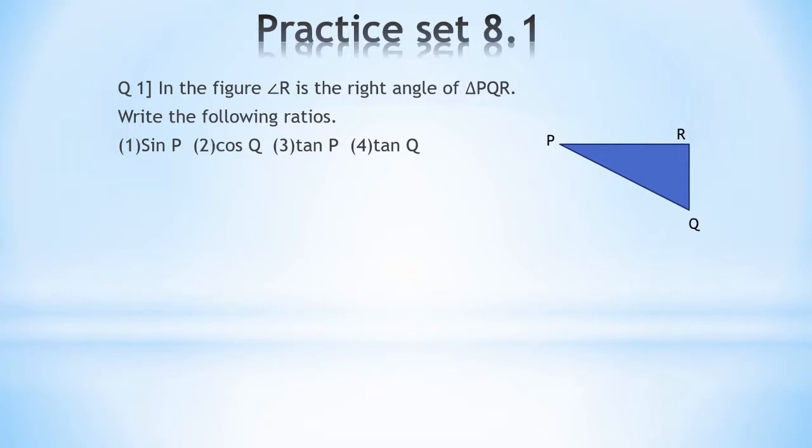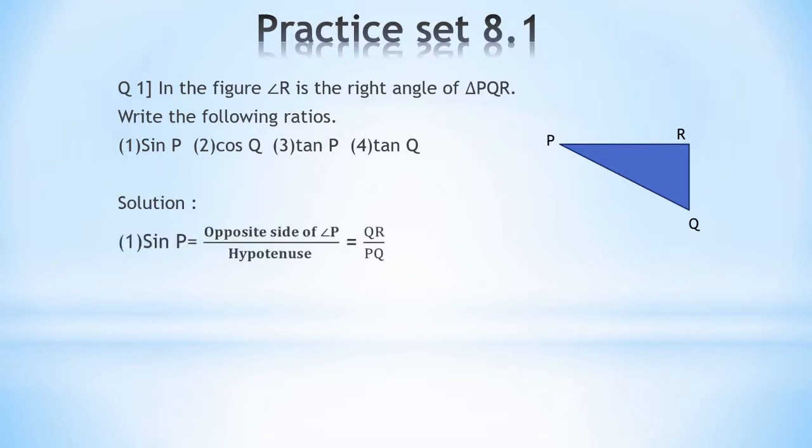As you can see, angle R is a right angle. Solution: sin P is equal to opposite side of angle P upon hypotenuse side. The opposite side of angle P here is QR and the hypotenuse side is PQ. So the ratio of sin P is QR upon PQ.